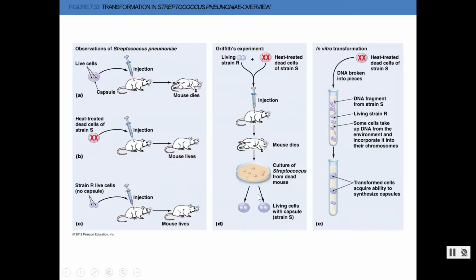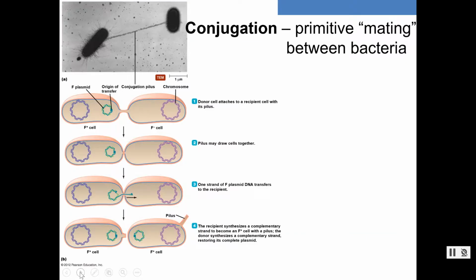He found it in vivo in a mouse. He also found it in vitro in a test tube. He saw the same thing with the heat treated dead S and the living strain R: some cells were able to take up the instructions, and now he had capsule producing Streptococcus pneumoniae. So that's how they knew this was happening, even without being able to see it happen.